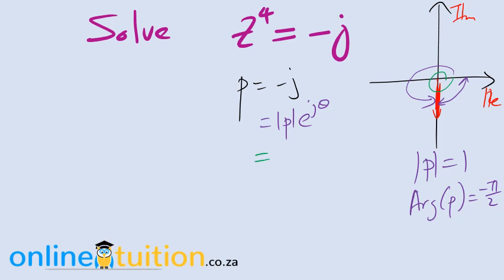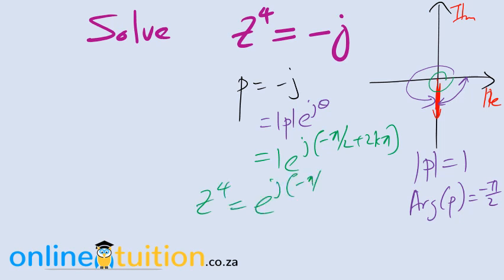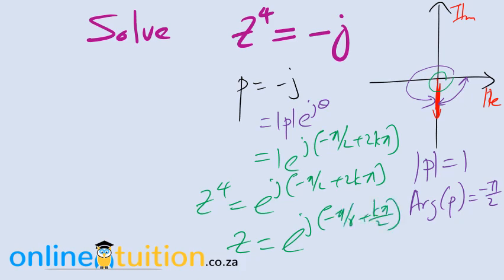So this number minus j can be written as 1 e to the j, theta is minus pi by 2 plus 2k pi. So if I want to solve z to the power 4 equal to e to the j (minus pi by 2 plus 2k pi), we take the fourth root on both sides, and there we have it. E to the j (minus pi by 8 plus k pi by 2).